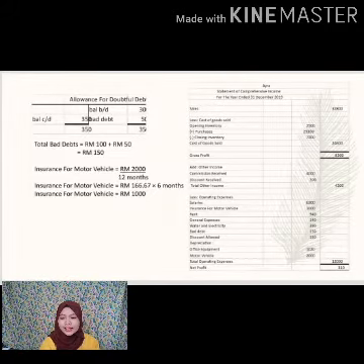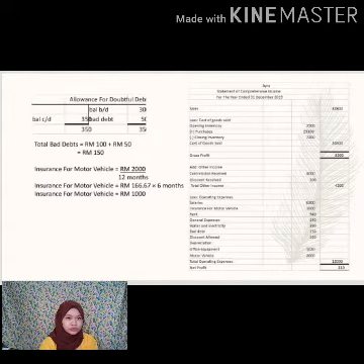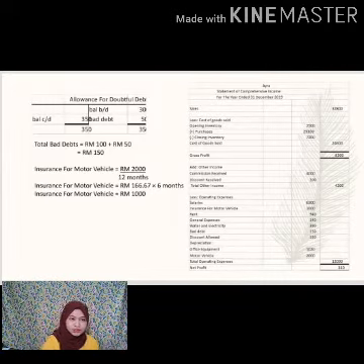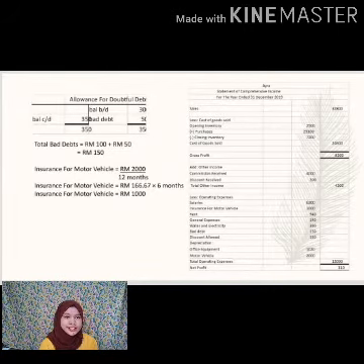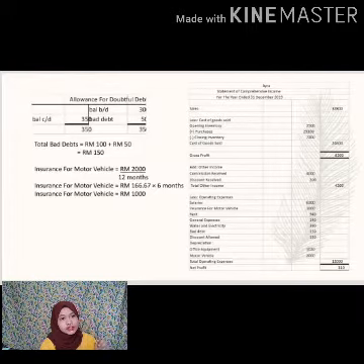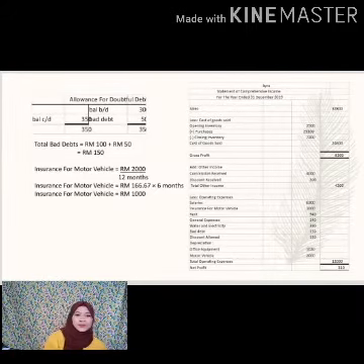So we will get the amount of 1 month only, which is 166.67. Then we multiply by 6 months, so we will get 1,000.